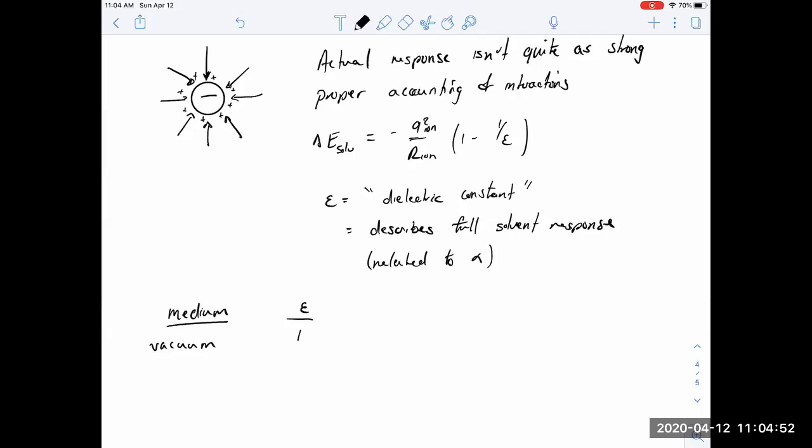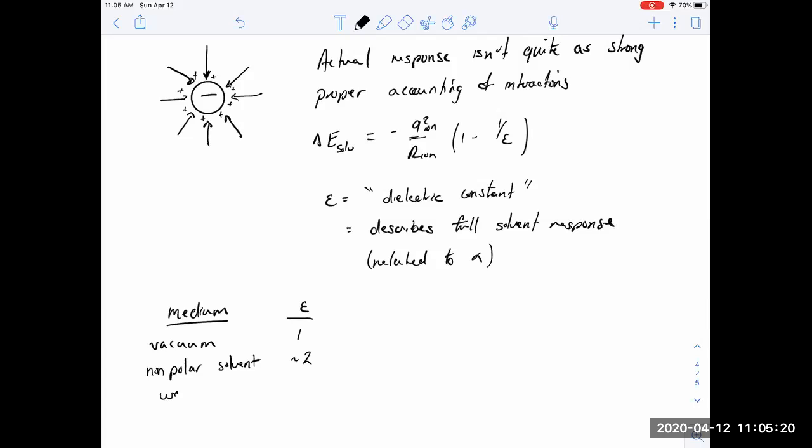That would give me no solvation energy because there's no solvent to respond to that initial field. For a non-polar solvent, something like hexane, some organic, that dielectric constant is something like order 2. I only accumulate about half of the charge onto the surface of the ion.